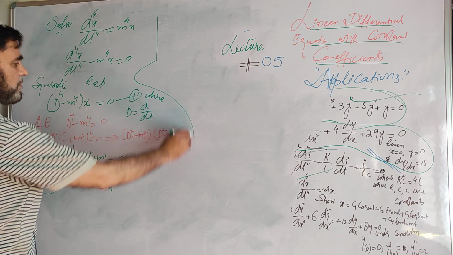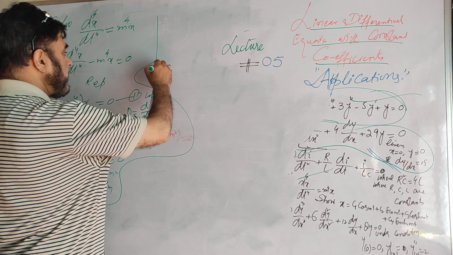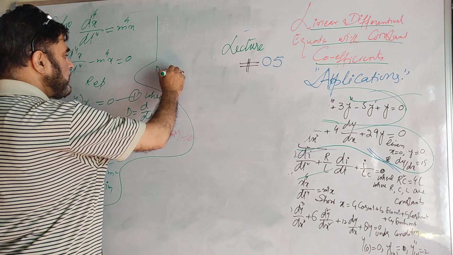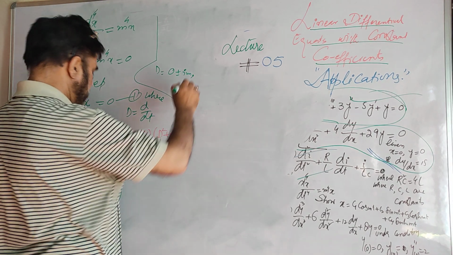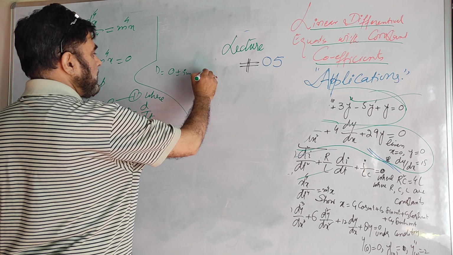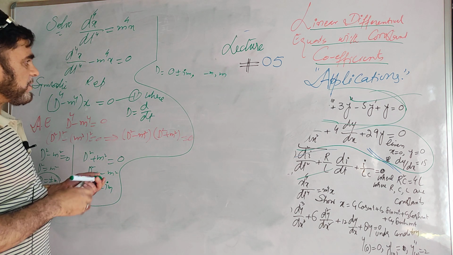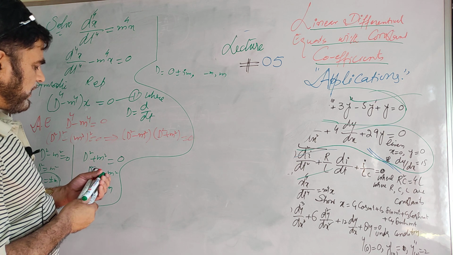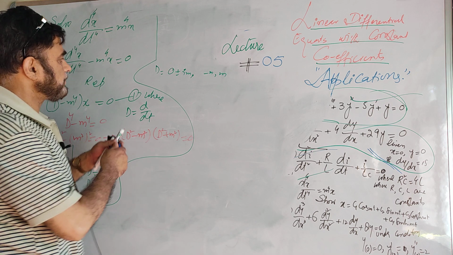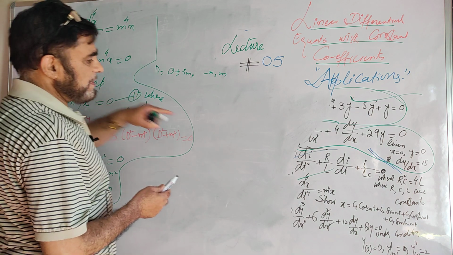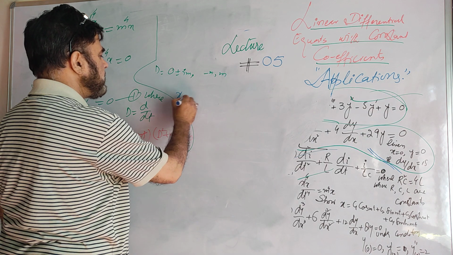So what are now the roots? Its roots are d is 0 plus minus iota m. These are two complex roots, and the other two are minus m and plus m. Let us write down its solution now. The dependent variable is x.